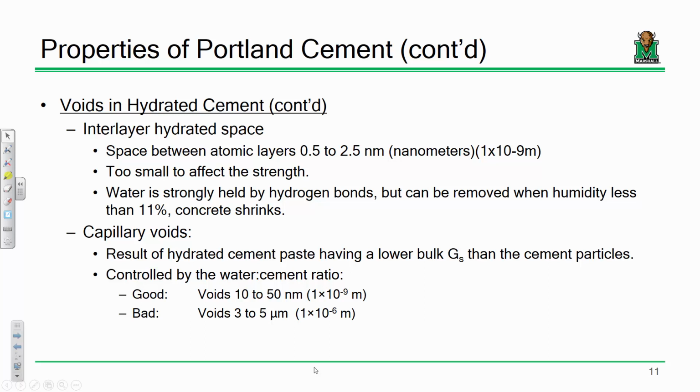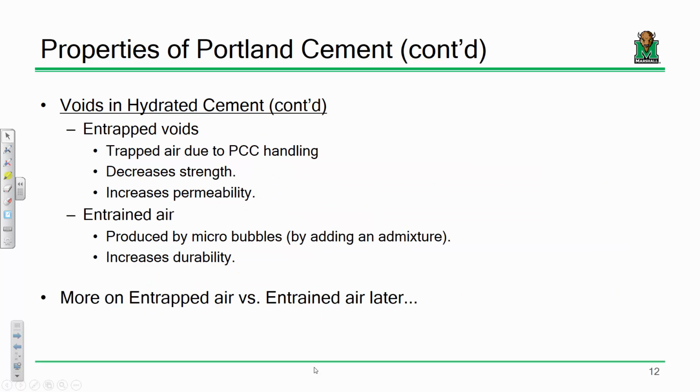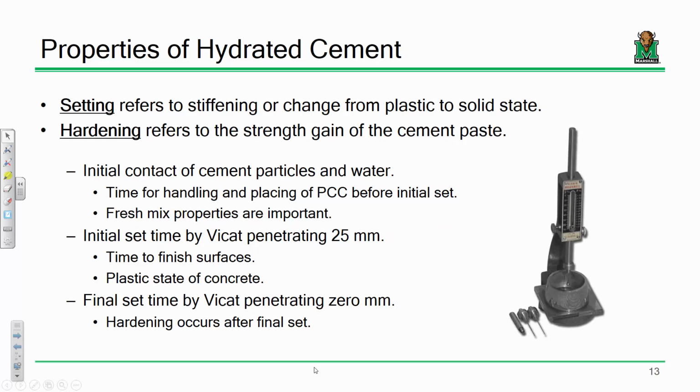And we're going to talk about how we can achieve desirable air entrainment, and how we can avoid undesirable entrapped air later. So I'm going to skip a little bit of that. I think this is where we stopped as we were talking about properties of hydrated cement.